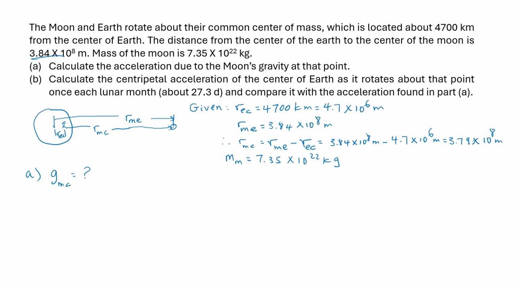And we know that the gravitational acceleration is given by the universal gravitational constant G times the mass of the Moon divided by the square of the distance from the Moon to the common center.